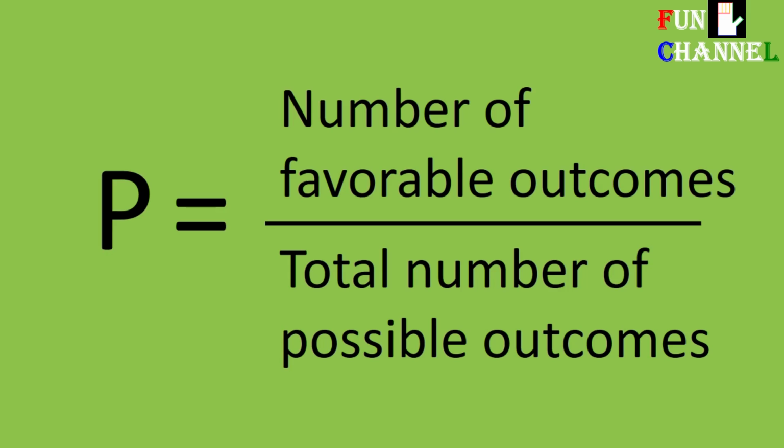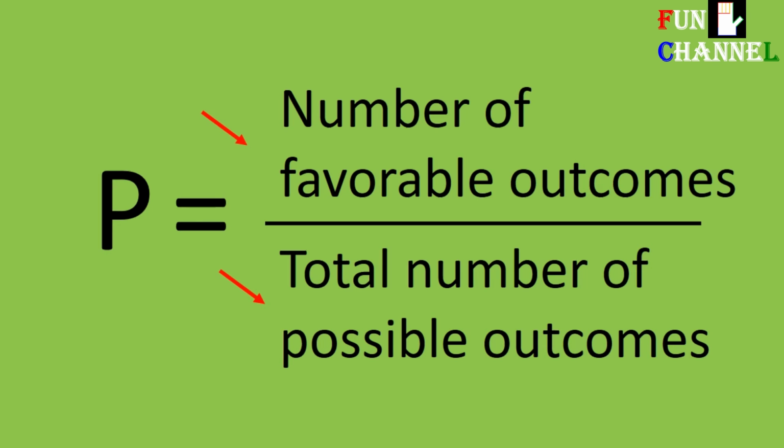Most of the theories in palmistry work on the function known as probability. If you look at the denominator, it reflects the total number of outcomes from a sample size, and the numerator is the number of favorable outcomes.